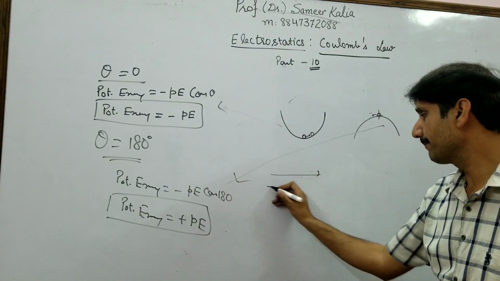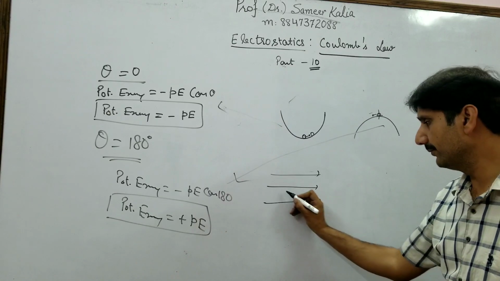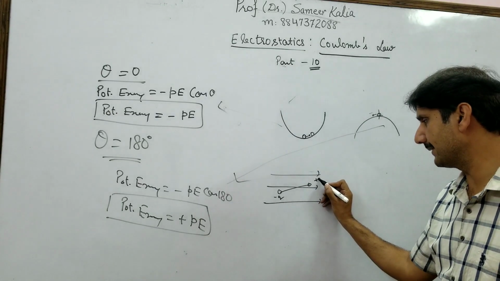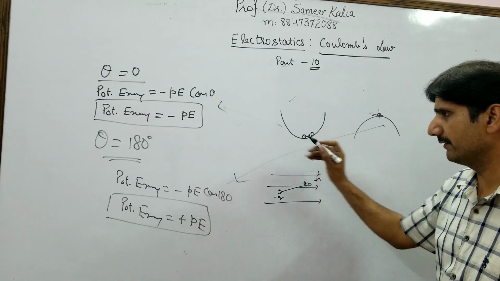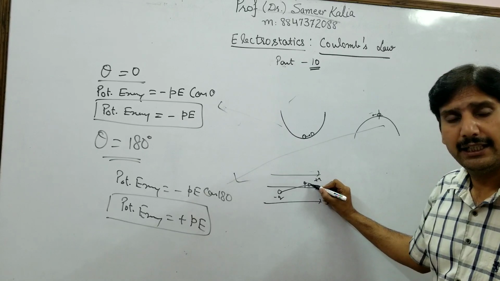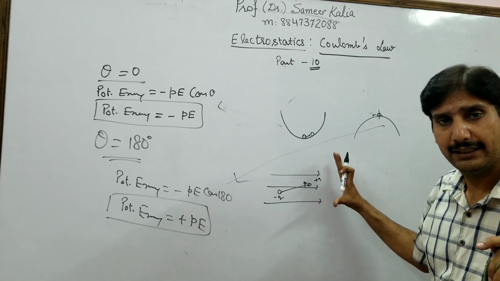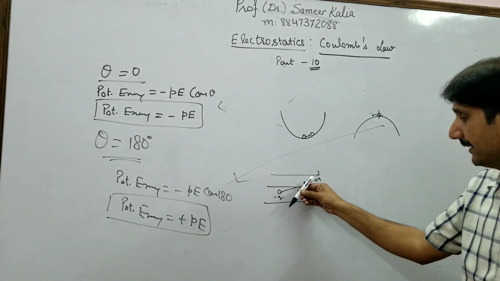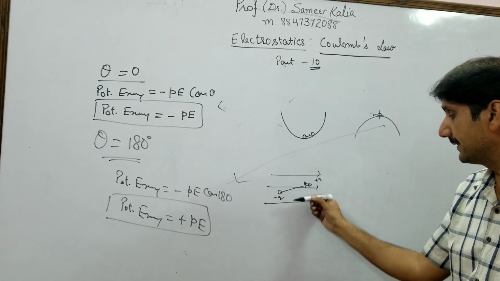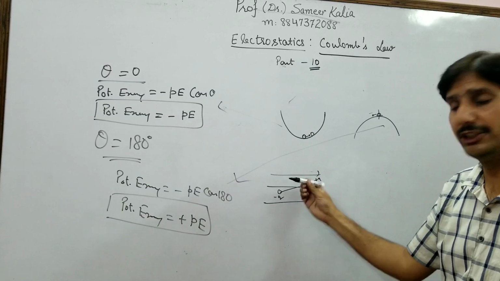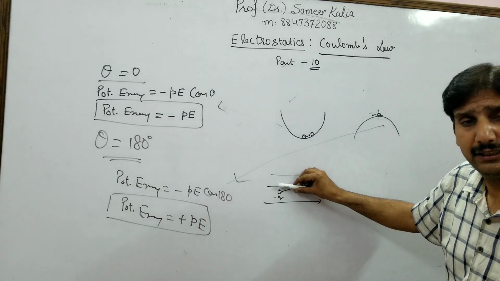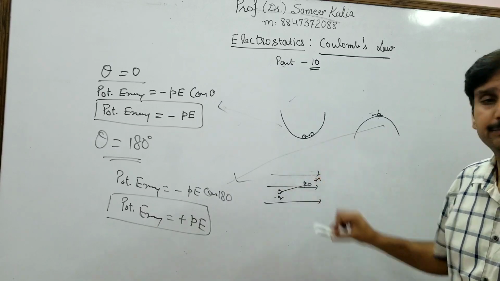This means that if you displace a dipole through a small angle, this is minus q, this is plus q, this angle theta is small, let's say 5 degrees. You disturbed it and then you released it. What happens? The system will start oscillating about its mean position, and if some damping is there, ultimately it will again settle back to its same state.